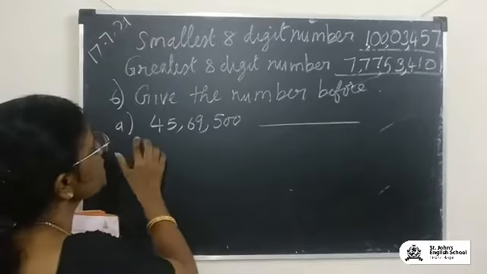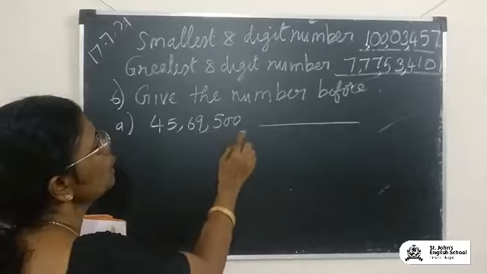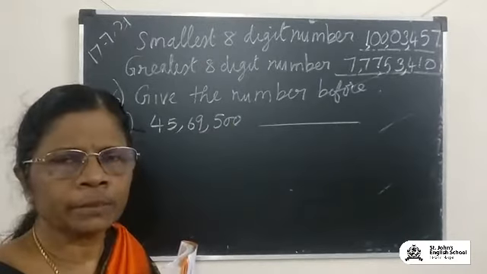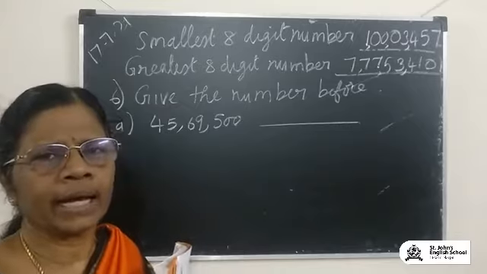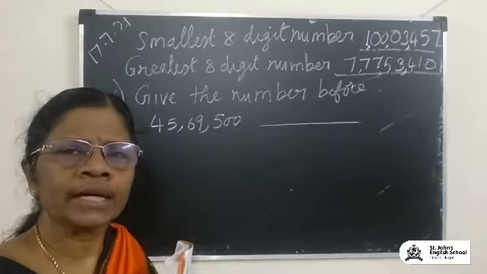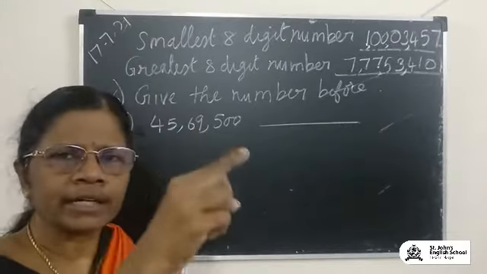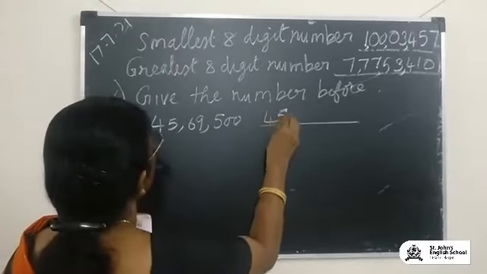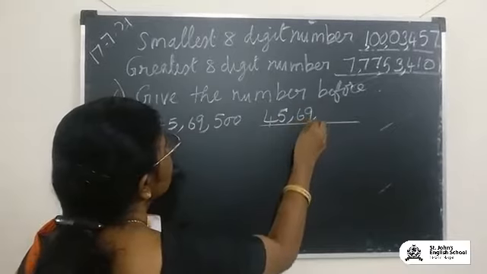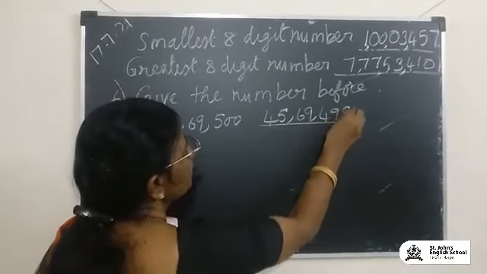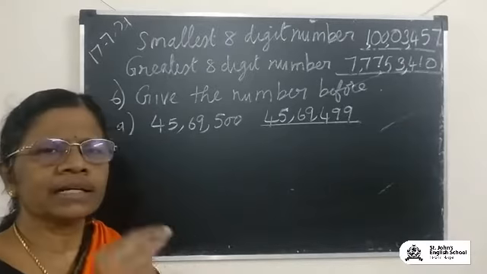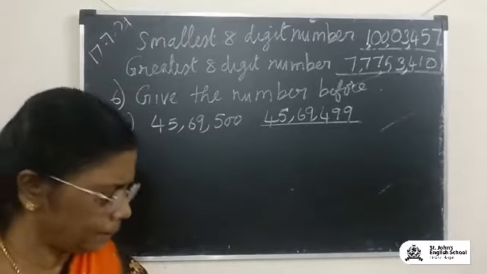So you did not change any other number, only 500 will become one number less, which is going to be 499. So what is the number before 500? We will write 499 and then 500. So this answer is going to be 45 lakhs 69,499.